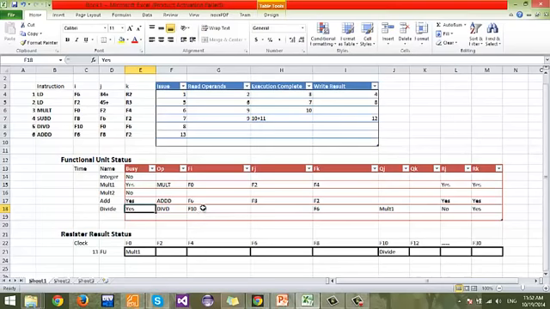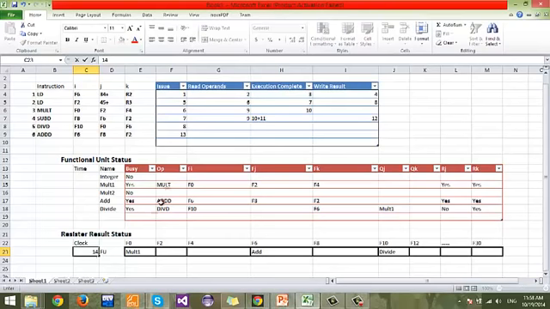And what will happen to the register result status? Destination is F6. So F6 is going to be written by the add functional unit. Okay. Fine. So it's all about clock cycle 13. What will happen in clock cycle 14?